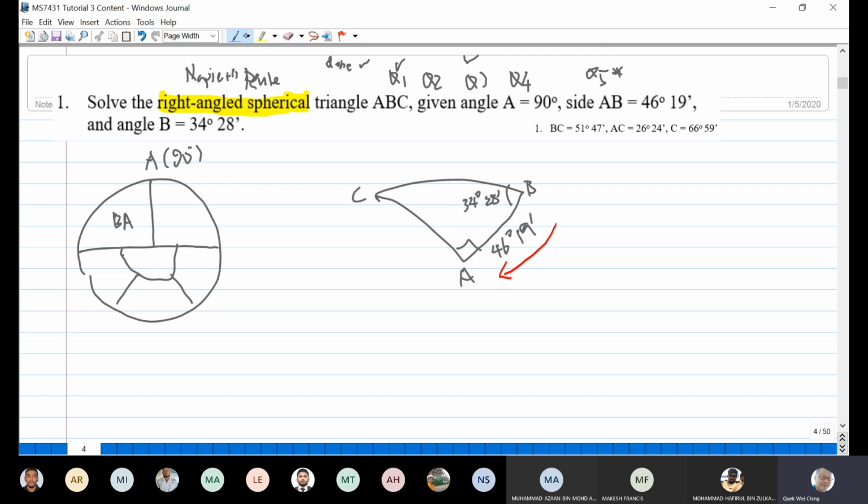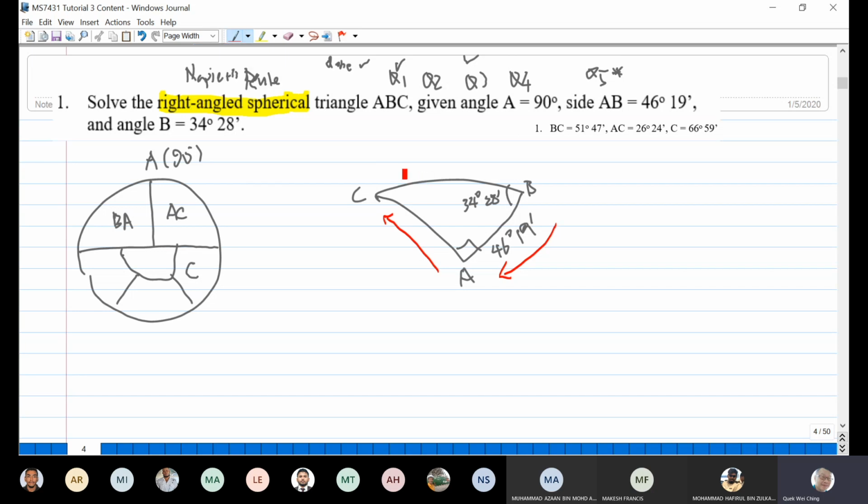Then when is it leaving angle A? This is how you leave angle A, this one. This is AC now. Then you encounter the angle C, so you put angle C. First thing, you encounter angle C. Then when it leaves angle C, you go this way.